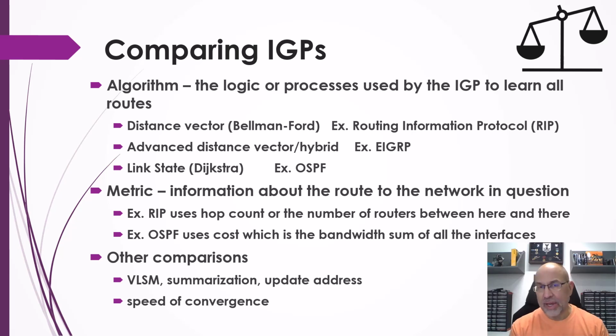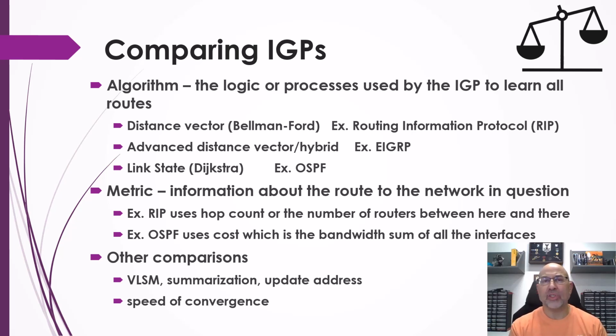Now there are other ways to compare routing protocols, right? We already talked about interior versus exterior, but also whether or not they can use variable length subnet masks, whether or not they summarize routes, right? Whether they will glue routes together if it's to a larger address space. What is the update address that they use?